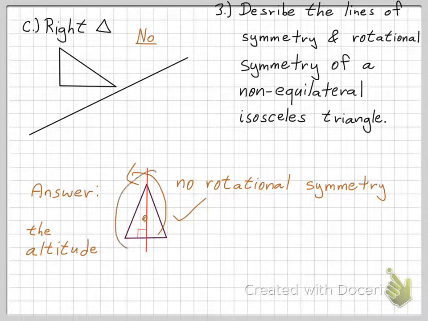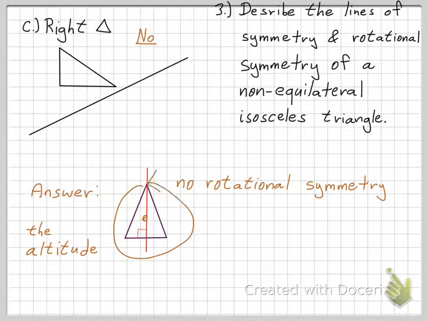The only way to make this figure look like this again is if I went all the way around 360 degrees. If you can take a figure and map it onto itself by going only 360 degrees, that's not rotational symmetry. Taking any figure and making it go around 360 degrees is just making it go in the same position again, and that is defined as not having rotational symmetry.